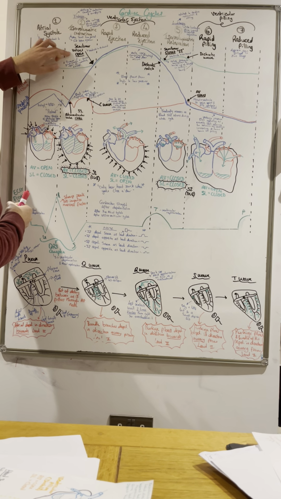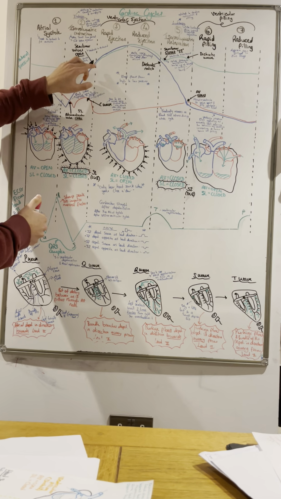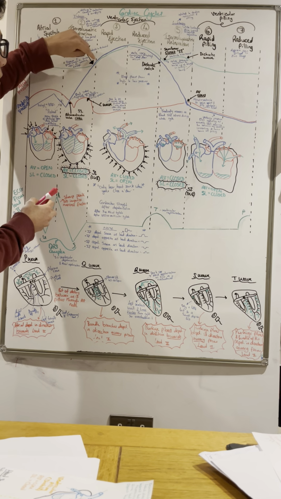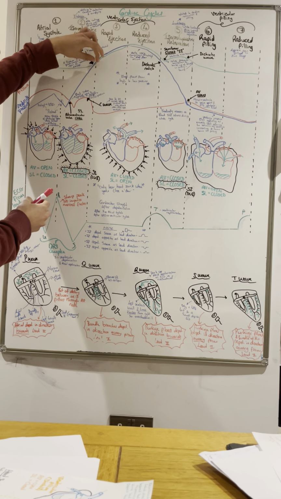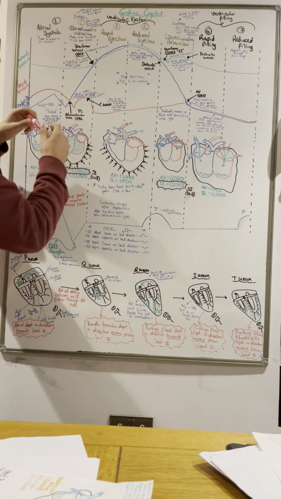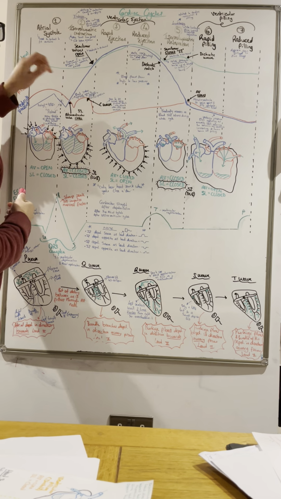So that means the pressure is great enough to open the semilunar valves. This is sort of on the border of this dotted line, just before rapid ejection. I've sort of drawn it a bit off, but it should be just on that border.